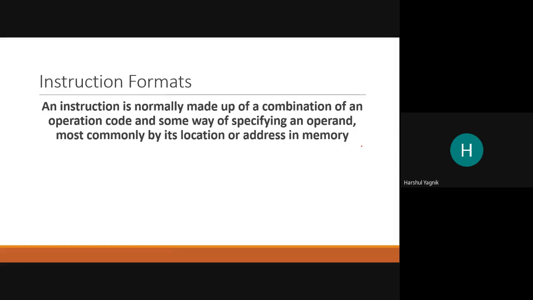An instruction is normally made up of combination of an operation code and some way of specifying an operand, which is most commonly, the specification is by its location or the address in the memory.